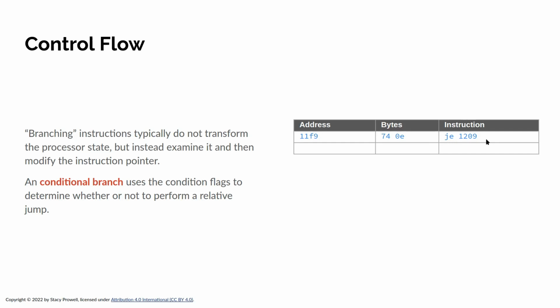And so we would go and look at the condition flags to figure out whether or not to make that jump. At the start, the instruction pointer, 11F9, points here. 11FA is here, and 11FB is the next instruction. Remember, hexadecimal. So right now, as we're executing this instruction and figuring what it does, EIP holds 11FB.